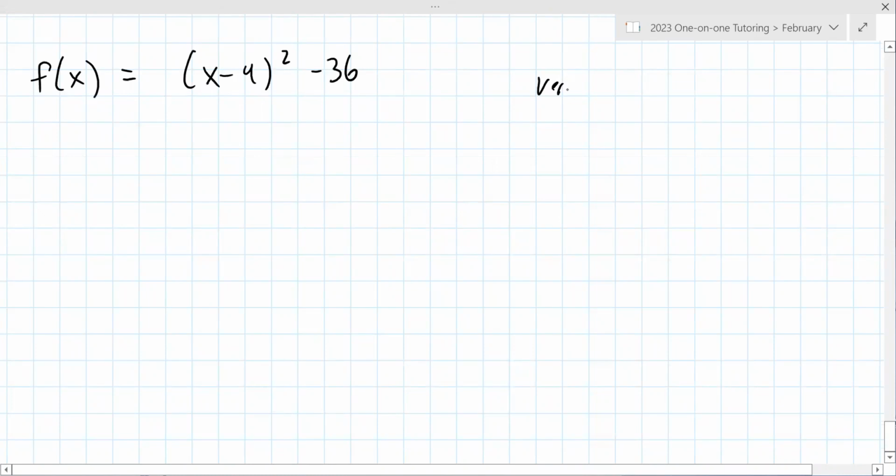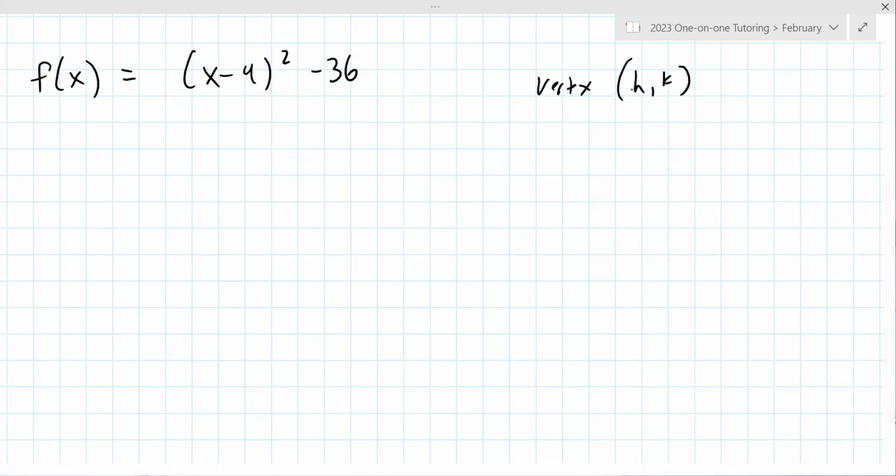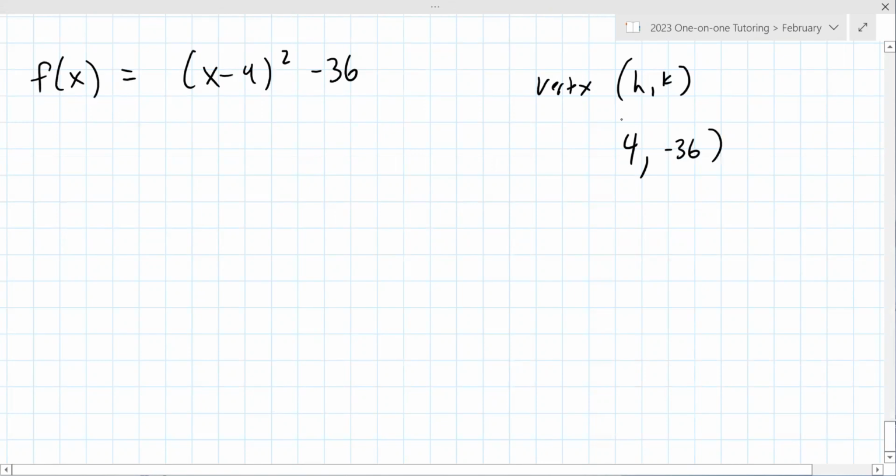So what is the vertex in this problem? H is 4, and K is -36. Yes. So in terms of direction, what are the transformations? Up, down, left, right? Well, you start with left or right.